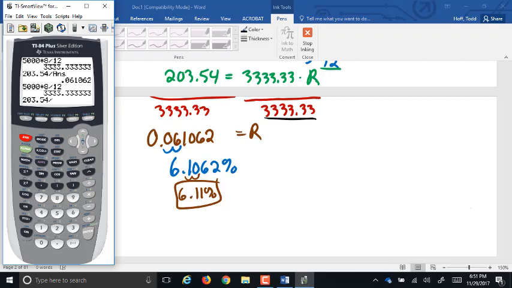Press that, and then down by your equals key, you have a negative key that says ANS above it. So you'll press that key, and it should just bring up ANS there. Then if you hit equals, it should pop up the 0.061062. Did it work? Perfect. Anybody else have any questions?